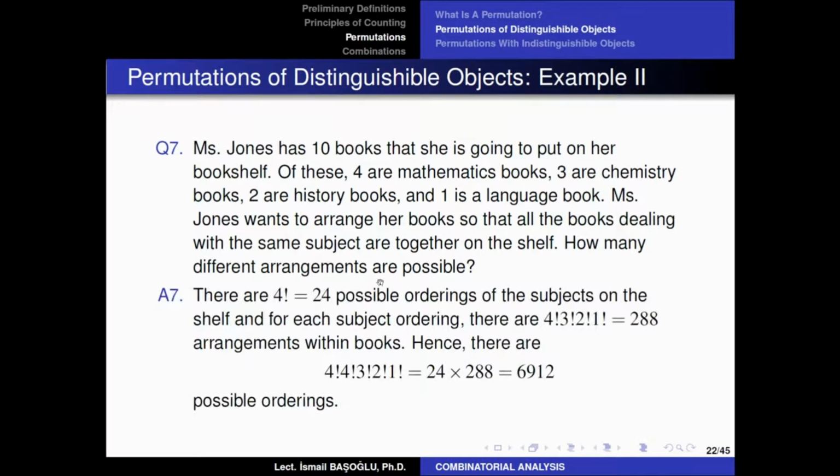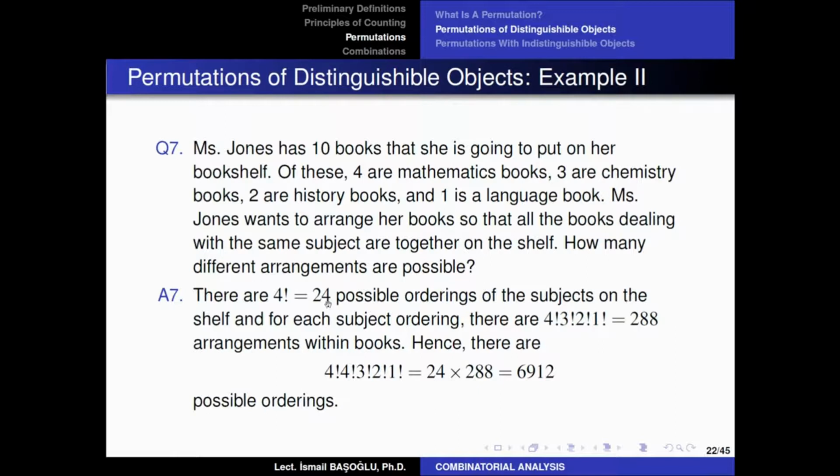So first of all, we need to determine in which order we are going to locate these book groups on the shelf. Are we going to start with mathematics books or chemistry books or history books or a language book? So because of that reason, we need to say in the first place there are 4 factorial, or in other words, 24 possible orderings of the subjects on the shelf.